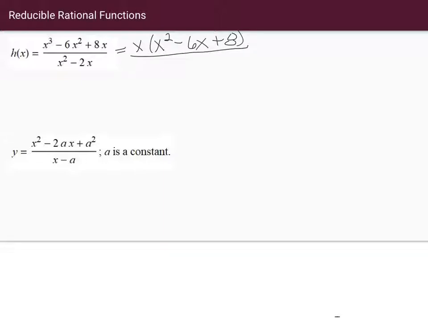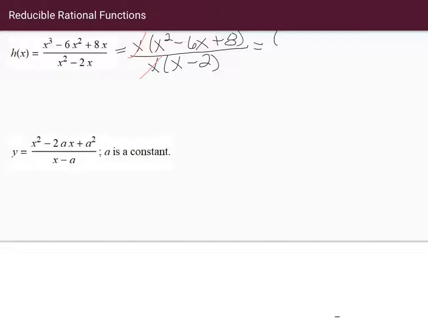And I see that there's a GCF of x in the denominator as well. So that's x times x minus 2. So already I can see that I can cancel out a factor of x. Now I'm going to keep factoring in the numerator. x squared minus 6x plus 8, I want to factor as well.